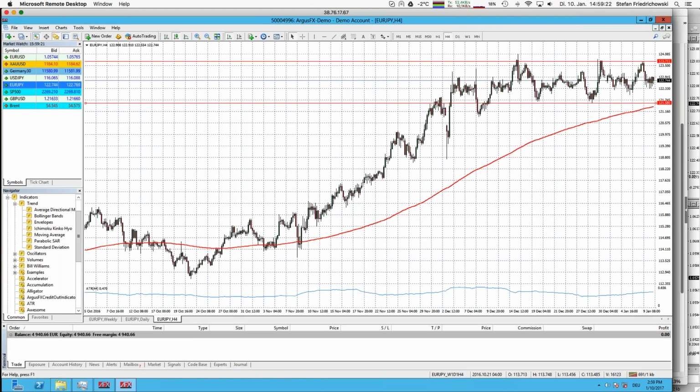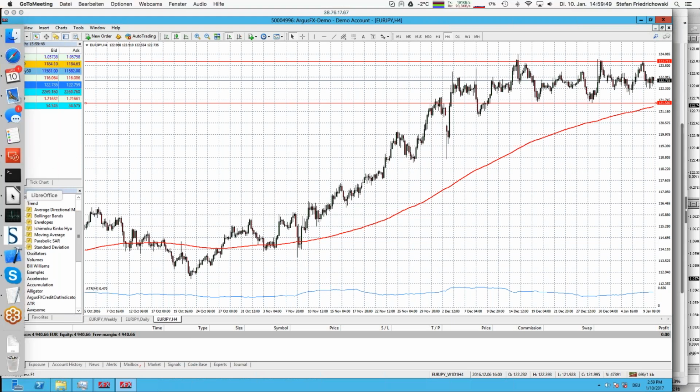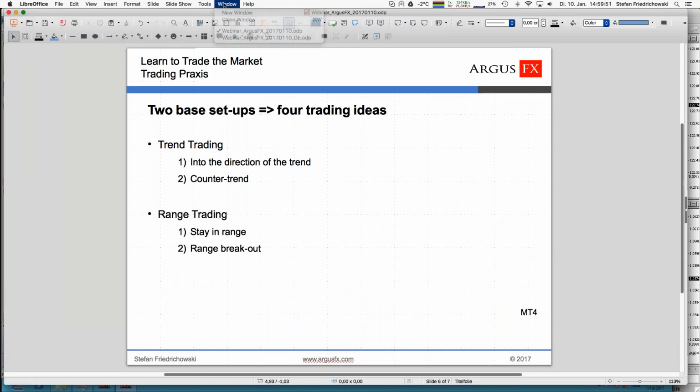And I want to have a stop loss in the double distance of the ATR. The ATR right now is nearly 0.5, so times 2, it means the potential stop loss is 124.711.